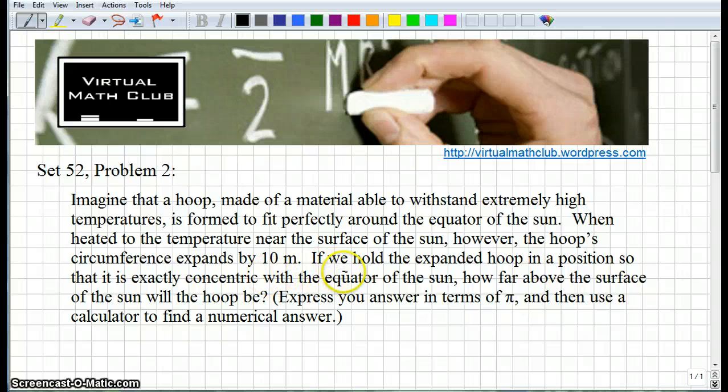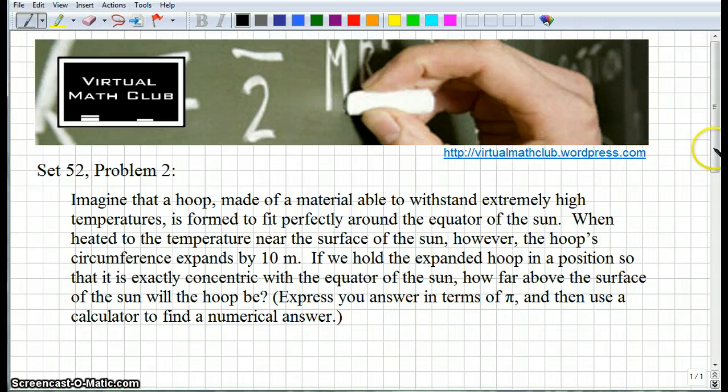Okay? So we're assuming this hoop is circular and that the sun's equator is circular. And so if we hold it in a position so that it's exactly concentric with the equator of the sun, we're asked to figure out how far above the surface of the sun will the hoop be.